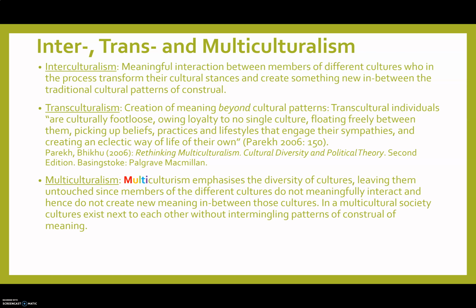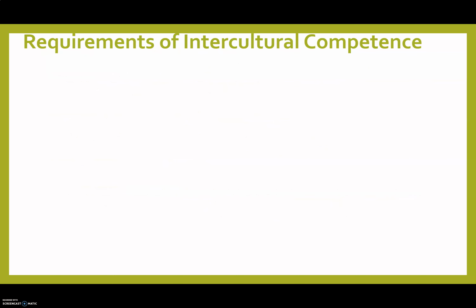So the cultures remain as a kind of clearly fenced off phenomenon, that they exist alongside one another, and they don't intermingle, so that people from the various cultures don't interact in such a way that they create new meanings and new patterns of cultural meaning as a result of interacting with one another.